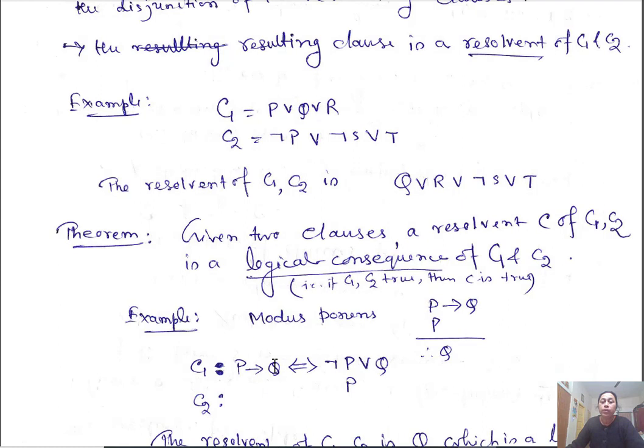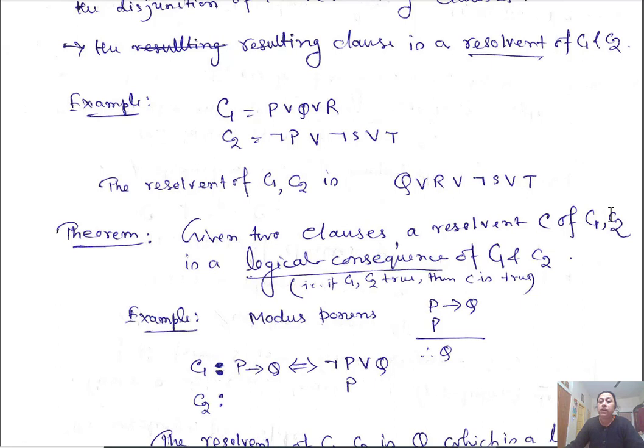We are going to show that given two clauses C1 and C2, the resolvent C of C1 and C2 is a logical consequence of C1 and C2. What do we mean by logical consequence?